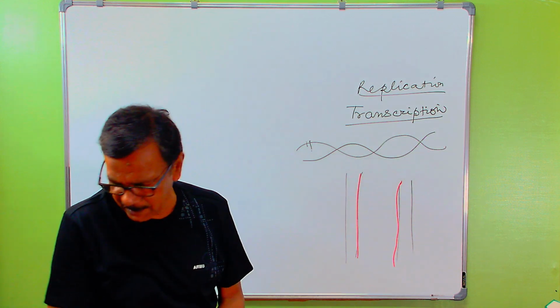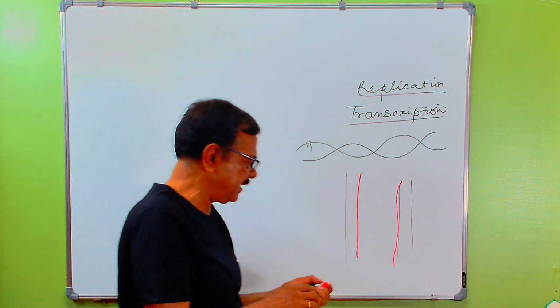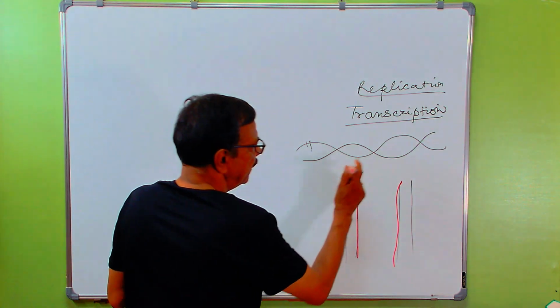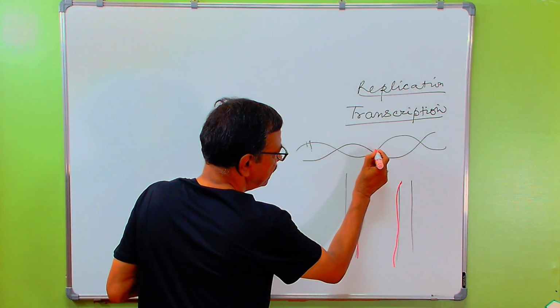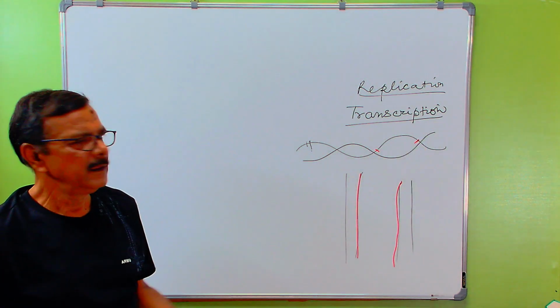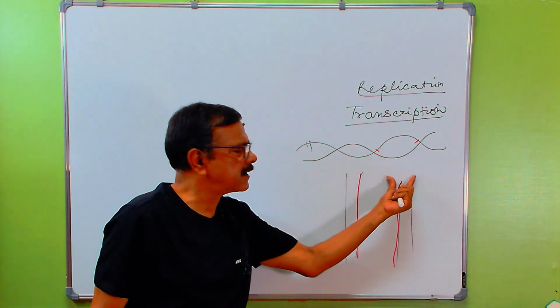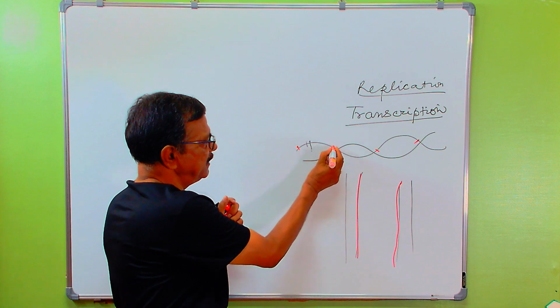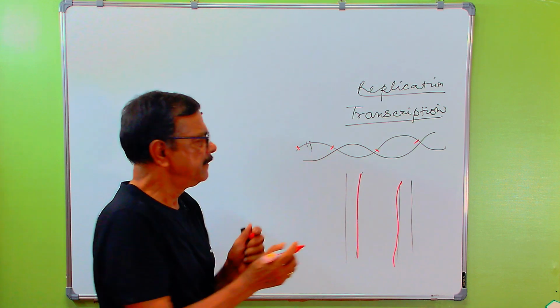But in transcription, the main difference is that suppose from this area to this area, this will be transcribed. Again, from this area to this area, this will be transcribed.